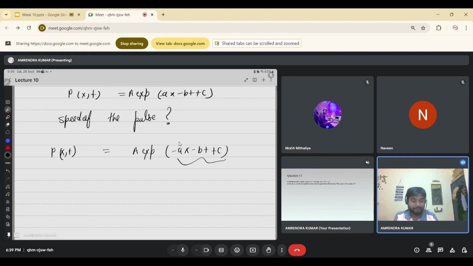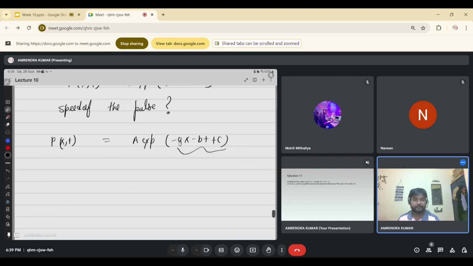We have just seen that we take the argument and take the derivative of it, and then we can calculate the velocity. Take phi equal to ax minus bt plus c. Then del phi over del t is zero, which gives a times v minus b, and del c over del t is 0.